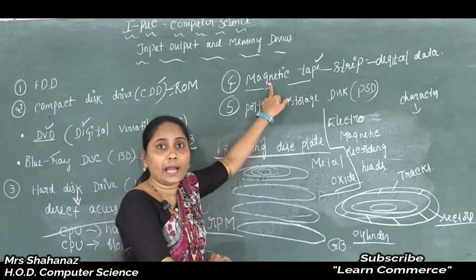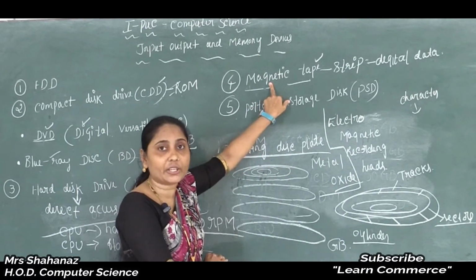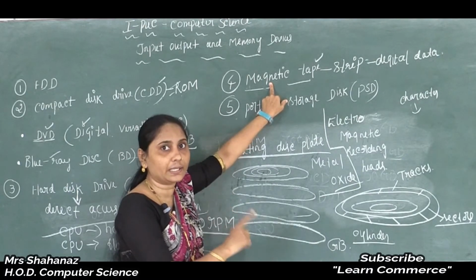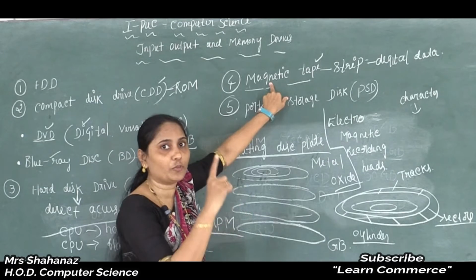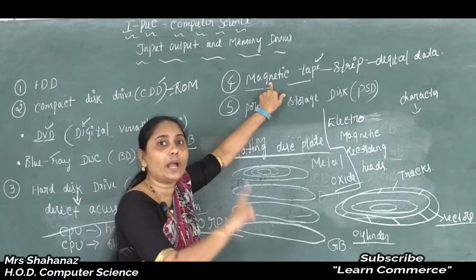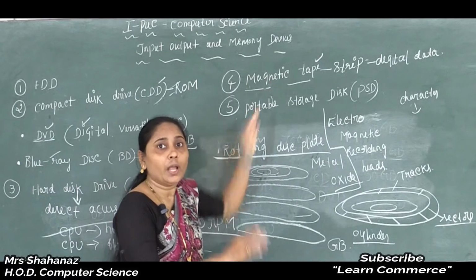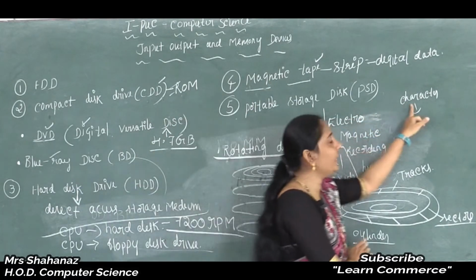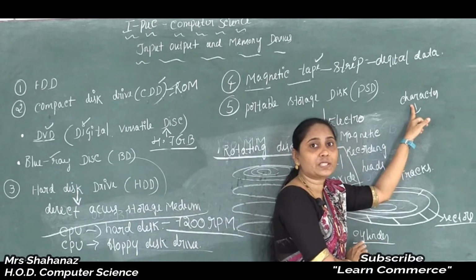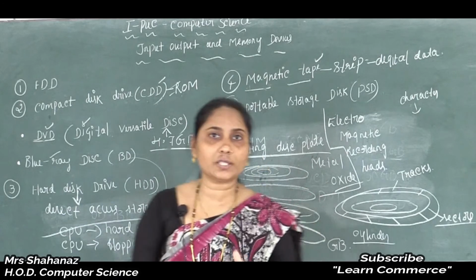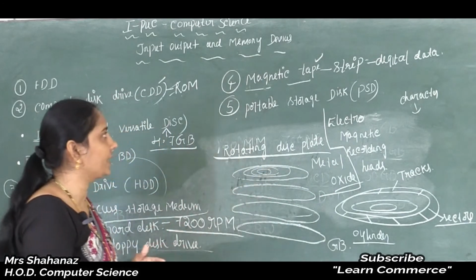Specially such a tape is used to record the digital data. The digital data is equal to the bits. The full form of bits is binary digit. The values are 0 and 1. Clear this point? To form a character, how many bits do we need? We need 7 to 9 bits to form a character. So this is some explanation about the magnetic tape.